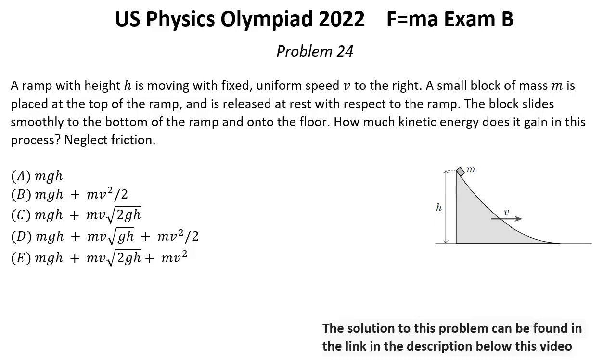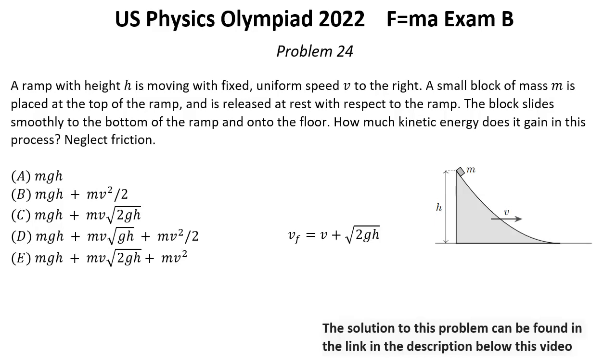First, we can find the final velocity of this block after it reaches the floor. That will be square root of 2gh compared to the ramp, and v final equals v plus square root of 2gh compared to the floor.